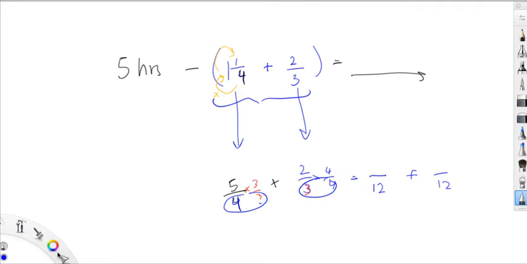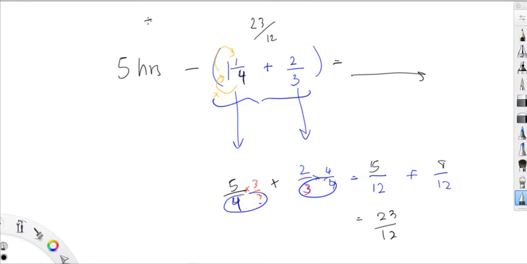Alright, multiply the tops. 5 times 3 is 15, 2 times 4 is 8, add them up, you get 23/12. So that's 23/12.